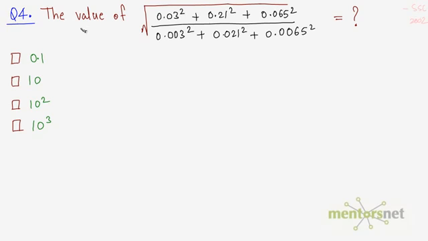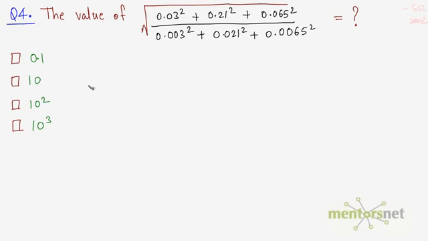Let's move on to question number 4 now. It was asked in the SSC examination of 2002. So let us simplify this. What you have to do is to make the denominator equal to the numerator so that you can cancel out most of the terms.